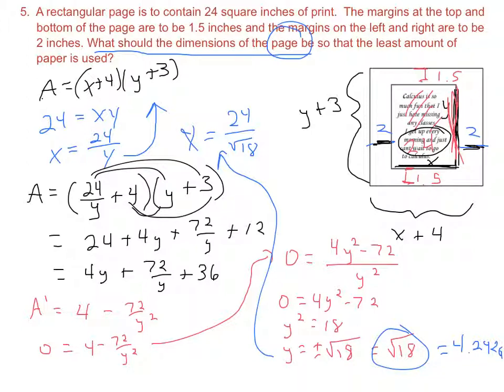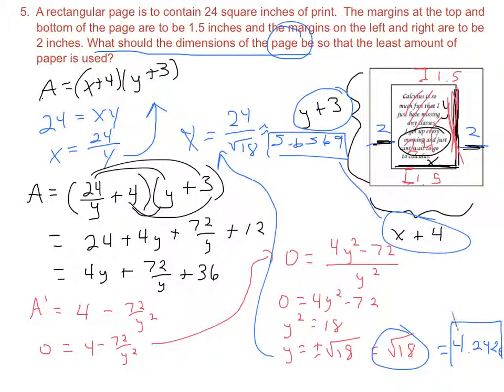And 24 divided by the square root of 18 is approximately 5.6569. So then I'm going to have to add 3 to my y value, which is this one down here, and I'm going to add 4 to my x value, which was this one up here. I know they're kind of backwards.